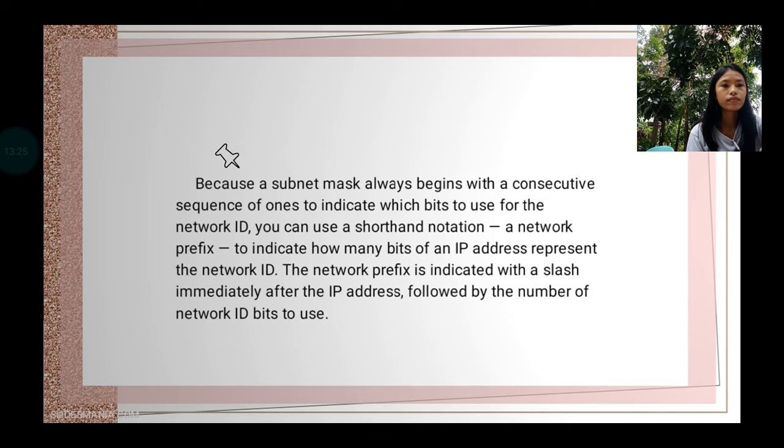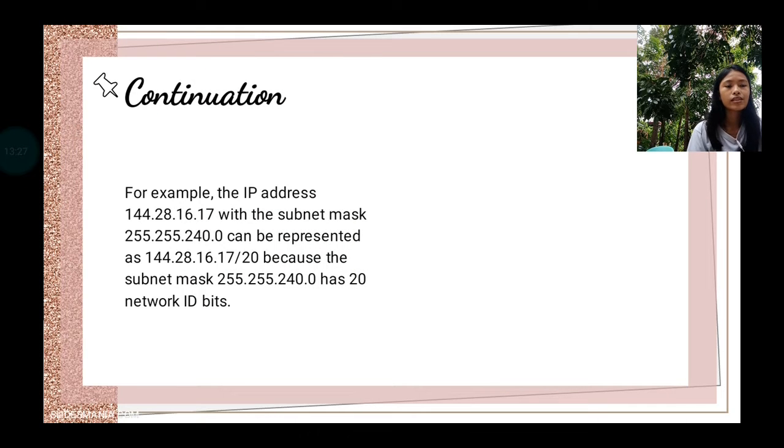So, for example, the IP address 144.28.16.17 with a subnet mask of 255.255.240.0 can be represented as 144.28.16.17/20 because the subnet mask 255.255.240.0 has 20 network ID bits.